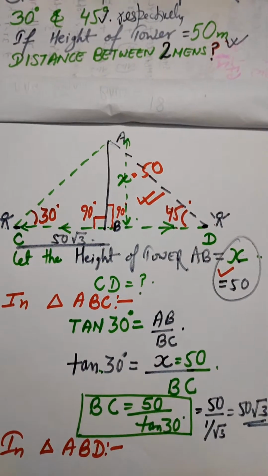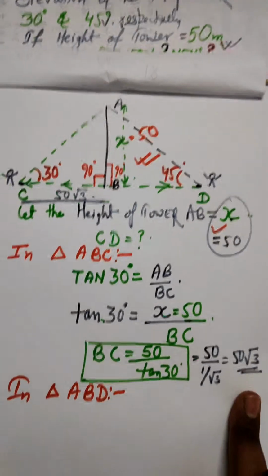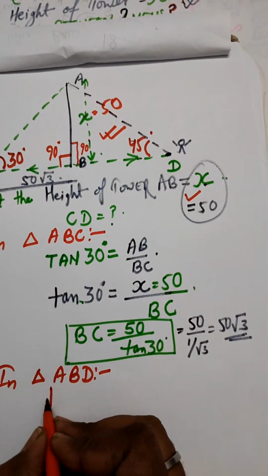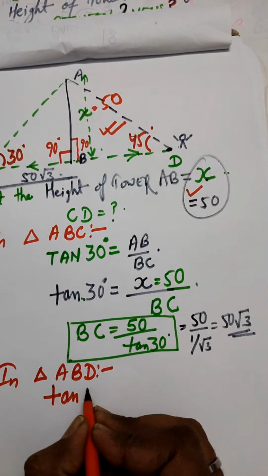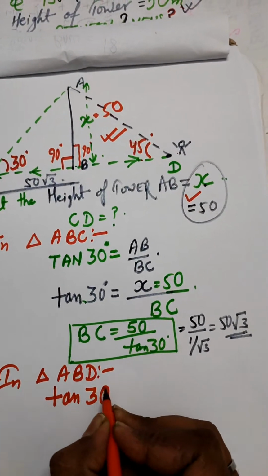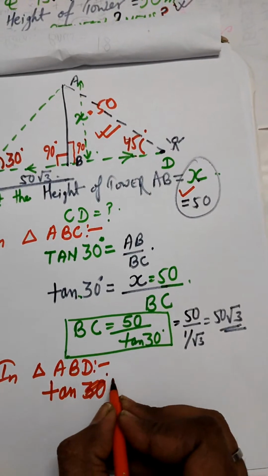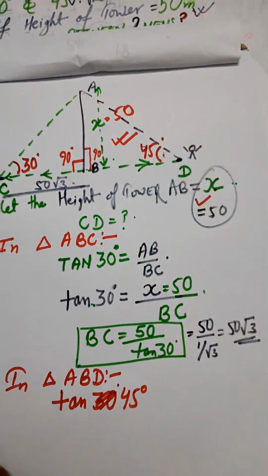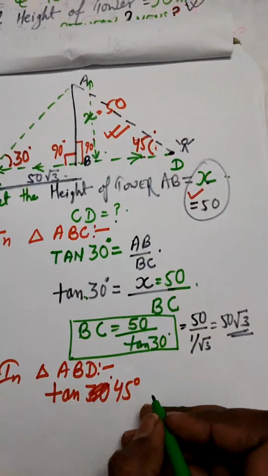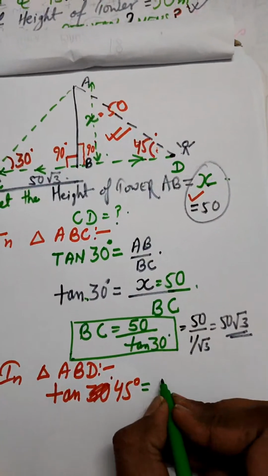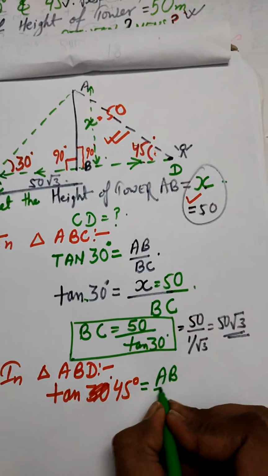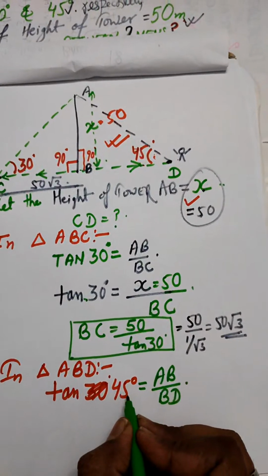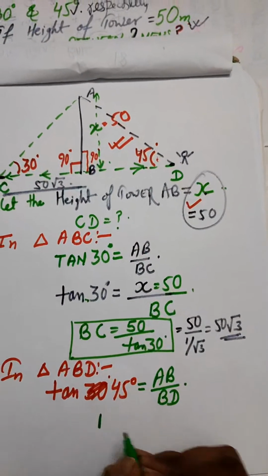In triangle ABD, we will use the trigonometrical ratio of tangent. Sorry, not 30, this will be tan 45 degree. Here tan 45 degree will be equal to AB by BD, and we know that the value of tan 45 is 1.